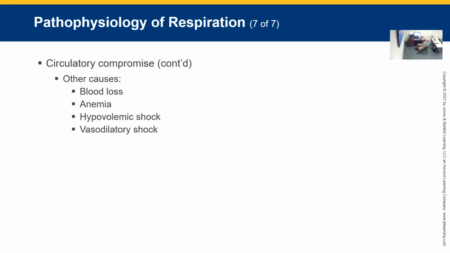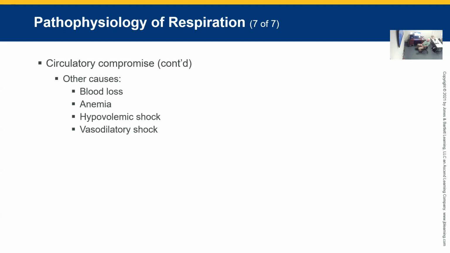So hypovolemic shock is loss of volume, either from, as I mentioned a minute ago, they bled out or lost blood, but you can also have hypovolemic shock from vomiting, just constant vomiting, or really bad diarrhea. So anytime you're losing water, then you can become hypovolemic.